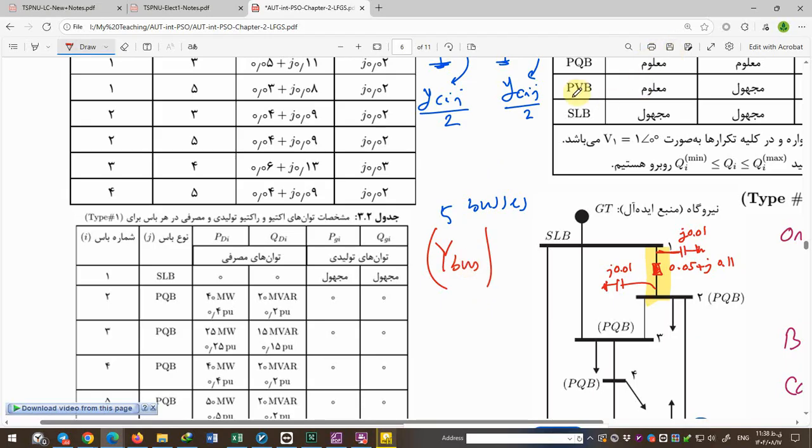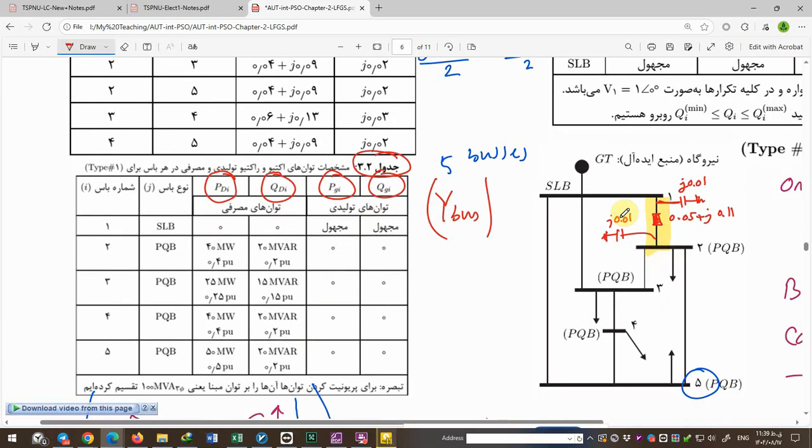Another table is about the amount of active power and reactive power in demand or generation. In this example, we have a power plant or generation only at a slack bus.